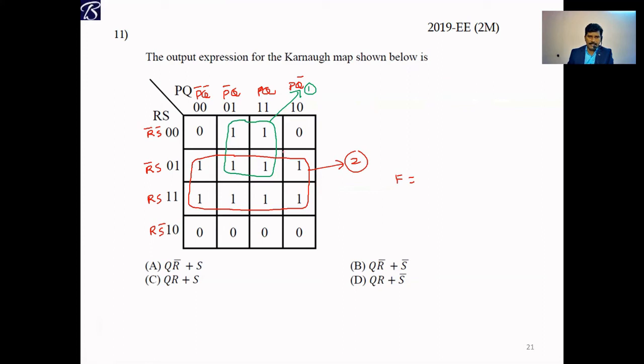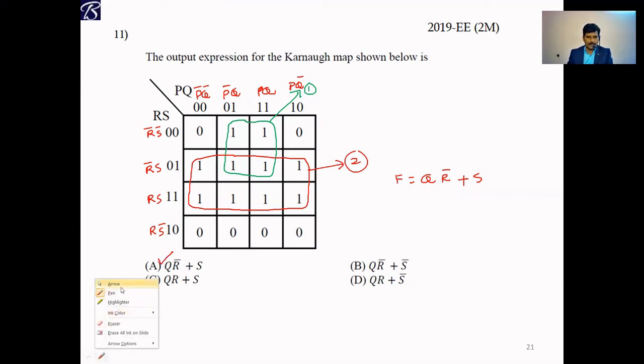Consider this first min term. The common term here is Q and here is R bar. So Q R bar plus, okay, this octet, what is the common term here? This is S. S plus Q R bar, or Q R bar plus S. Option A is correct.